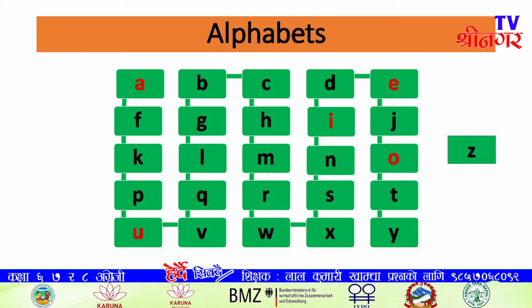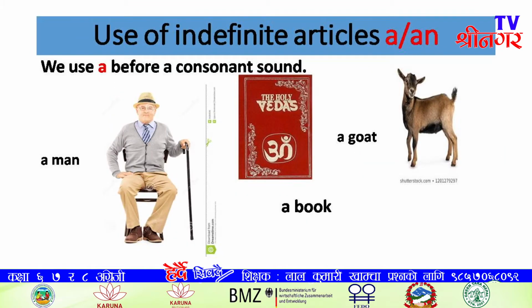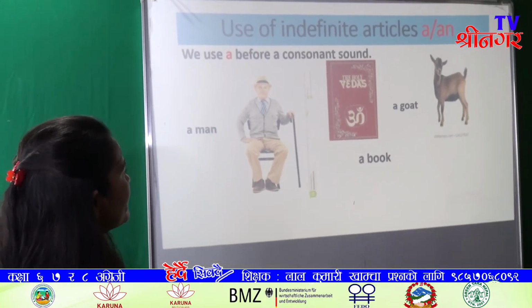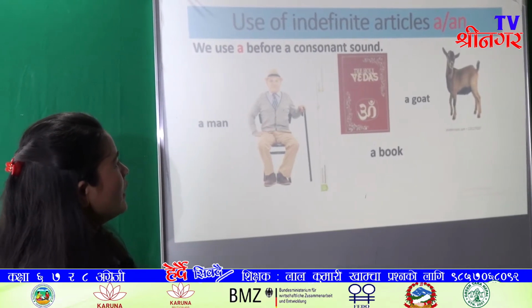Okay, and here we use a before a consonant sound. We use a before a consonant sound. Here in the first example, first picture, there is a man.